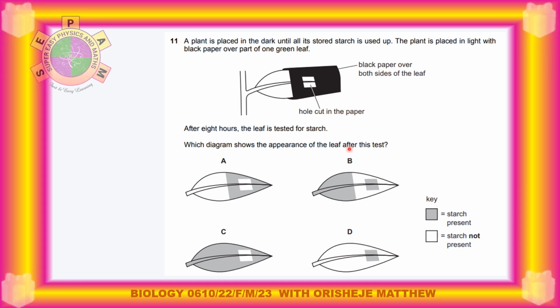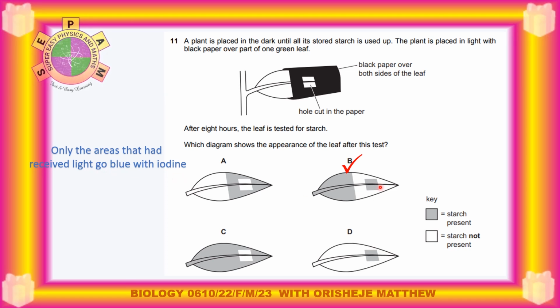So where starch is present is this white area here, then these two windows here and this window. So the answer: only the area that had received light goes blue with iodine. So the answer is B.